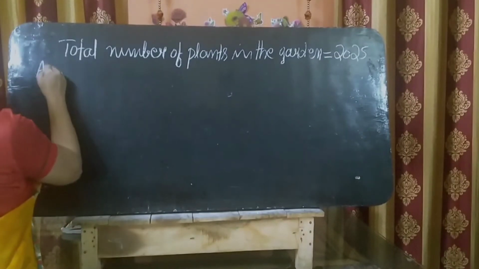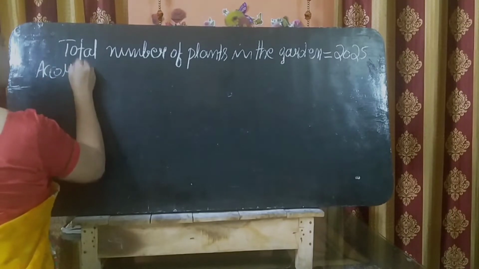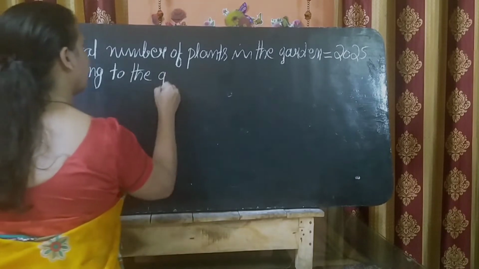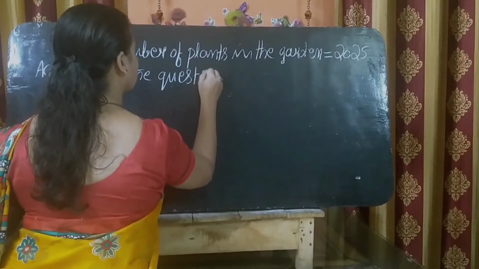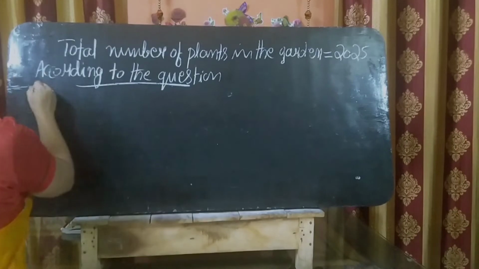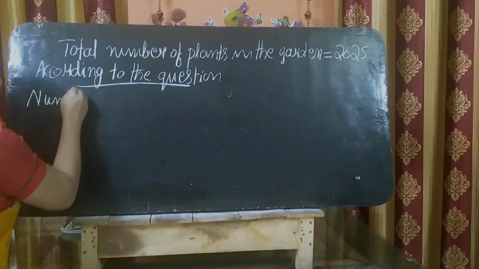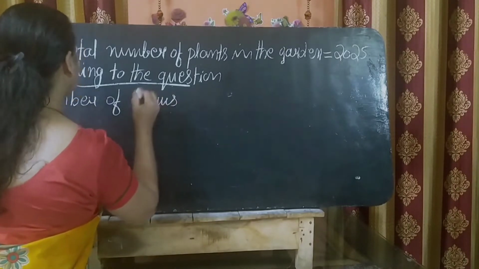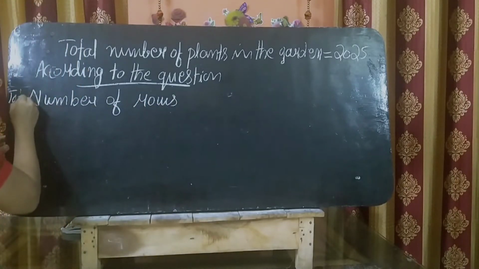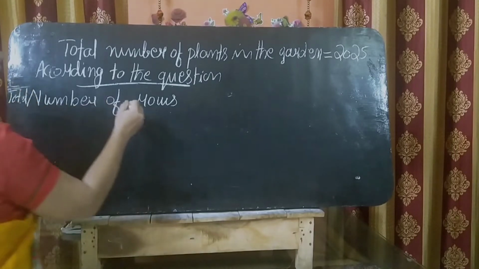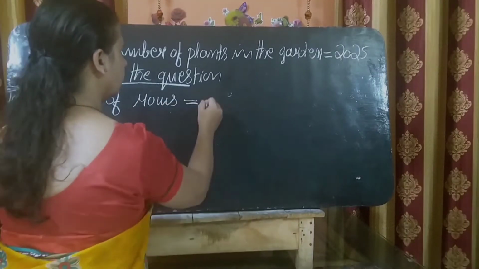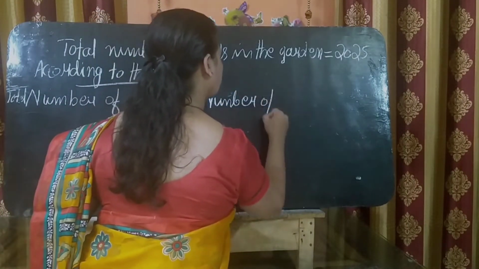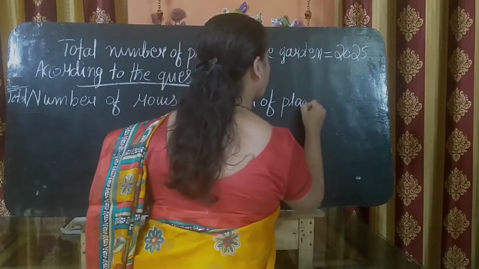According to question, number of rows, that is total number of rows, is equal to number of plants in each row.